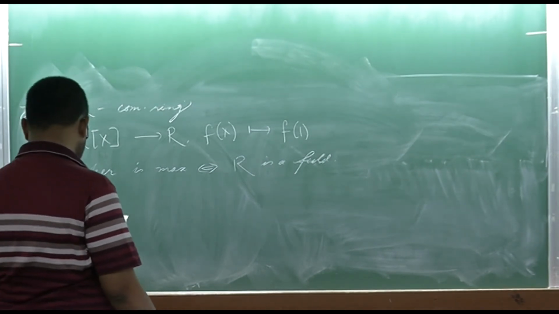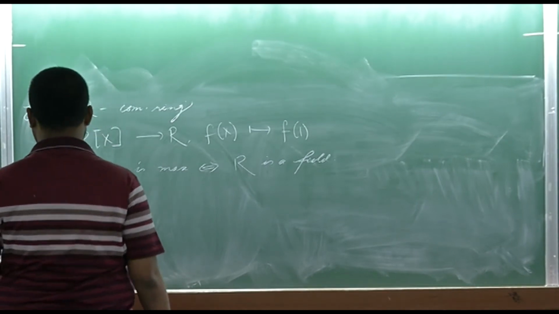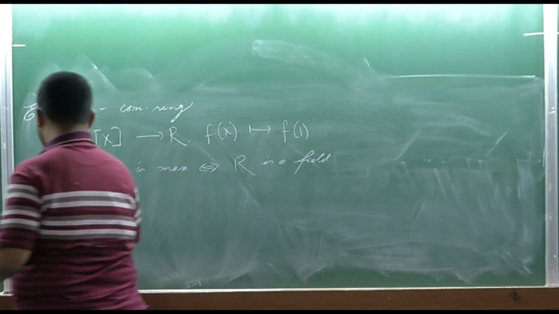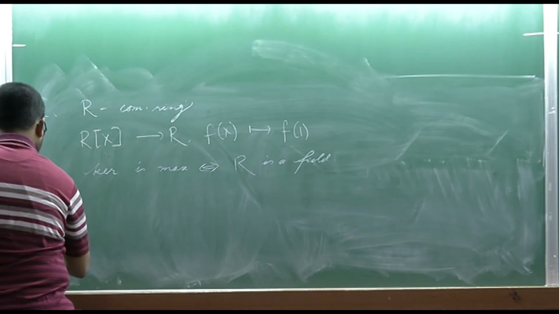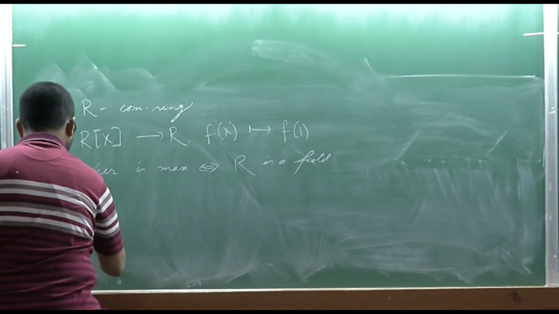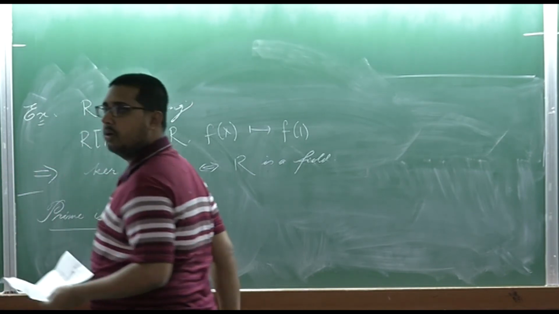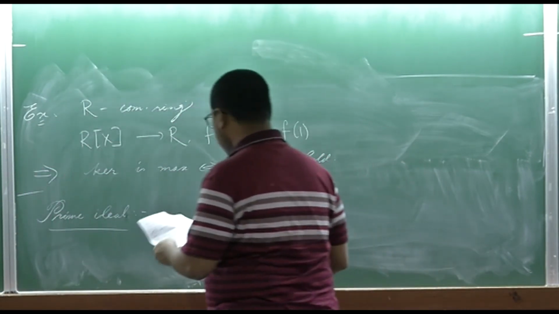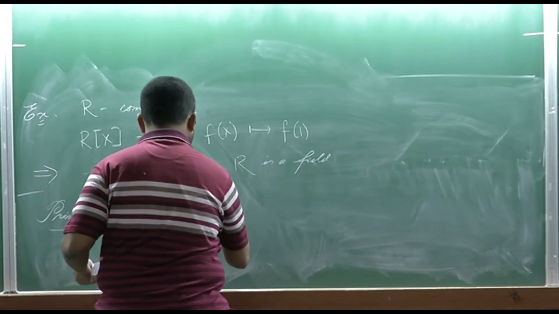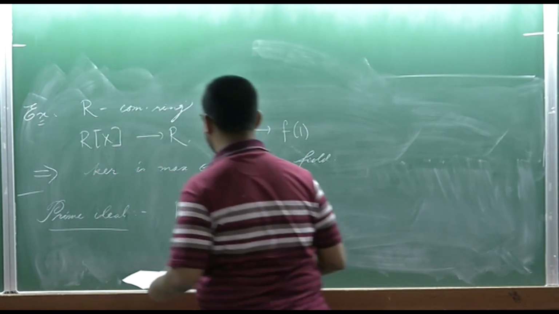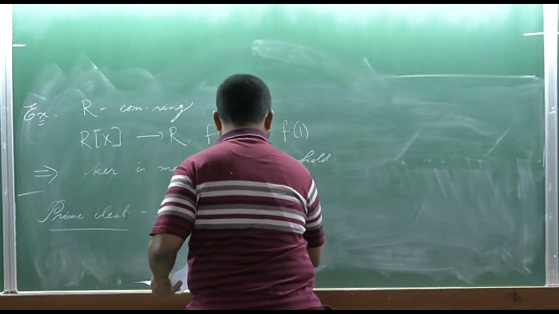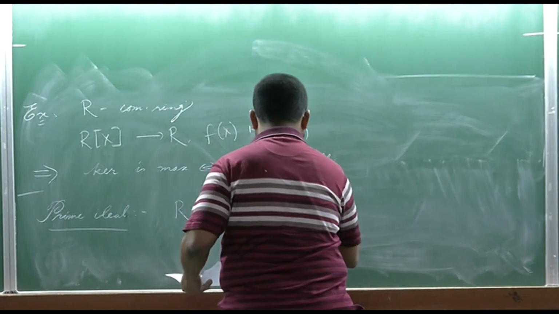Now I can move to prime ideals. As expected, let R be a ring. Right now I am not assuming it is commutative, and let P be an ideal.